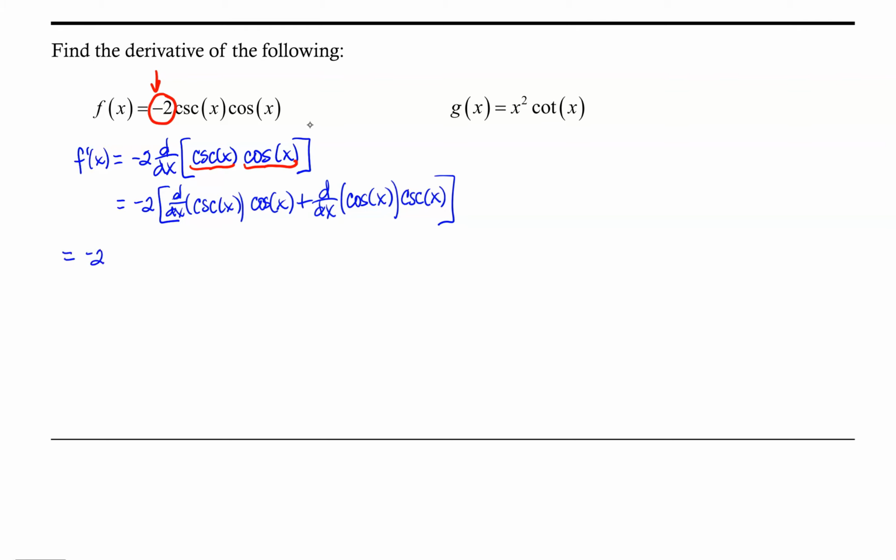So -2 times the derivative of cosecant, which is negative cosecant x cotangent x, times cosine of x, that was already there as part of the product rule, plus the derivative of cosine of x, which is negative sine of x, times the cosecant of x, which is part of the product rule.